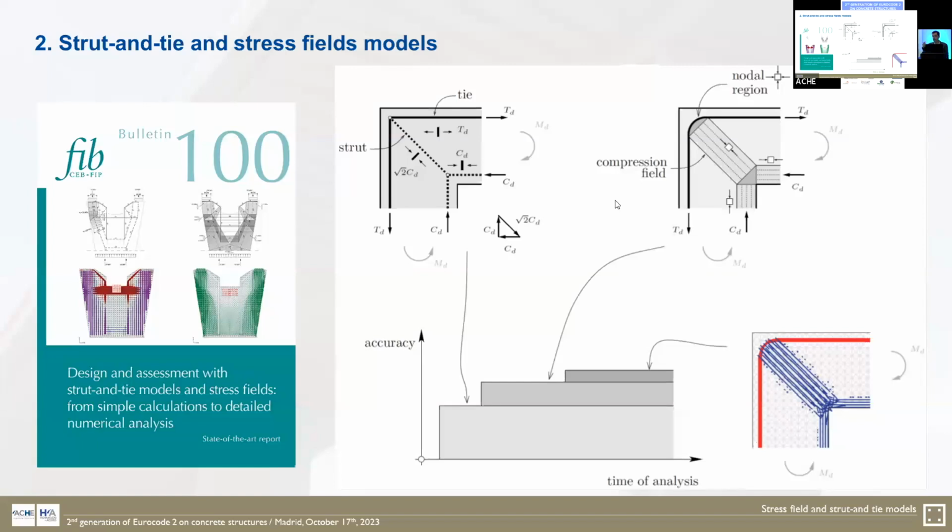So we are refining increasingly. These are what are called levels of approximation, a levels of refinement approach, and with a bit more work we are approaching more and more what could be the exact solution according to limit analysis.